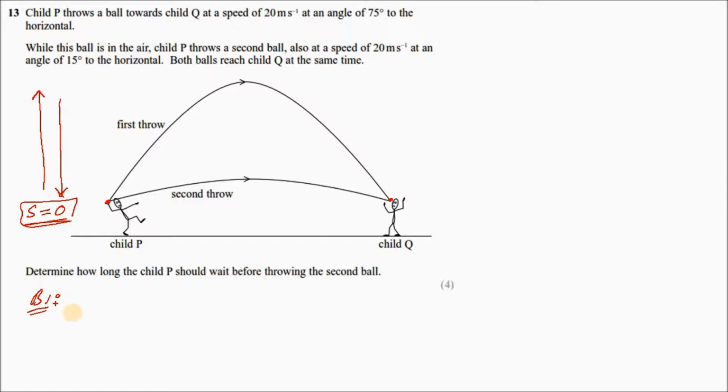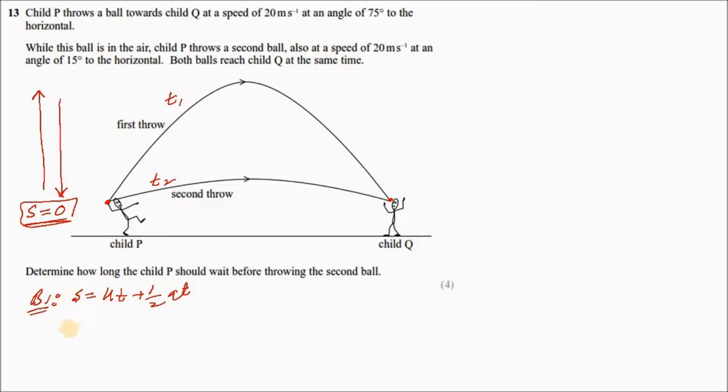Because it's a vertical motion, for B1 we say the time is T1, and for B2 the time is T2. For B1 I'm using S equals UT plus half AT squared, and remember we are using vertical motion, so this U should be the initial vertical component of the velocity of the ball. In general for a projectile, this U should not be 20, it should be 20 sine 75 for ball B1.